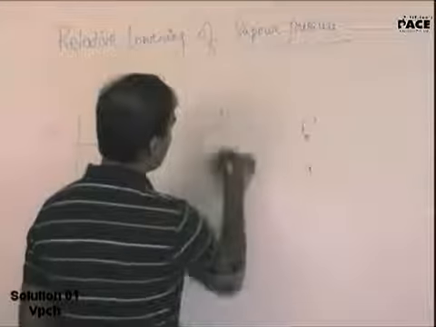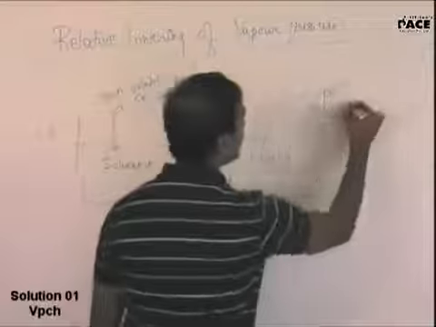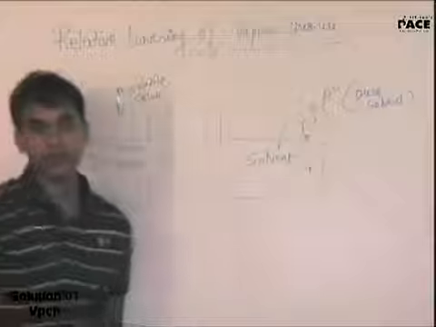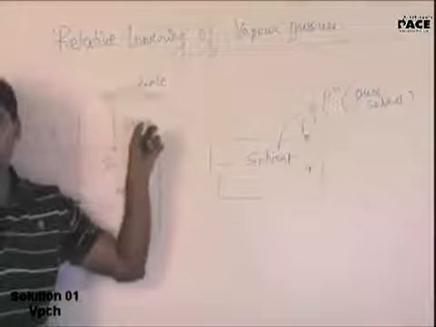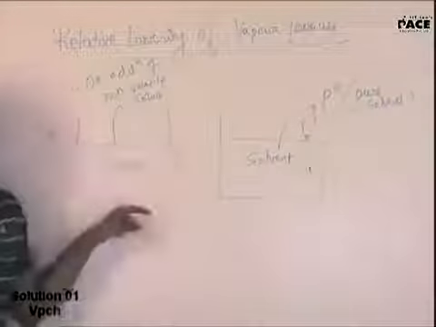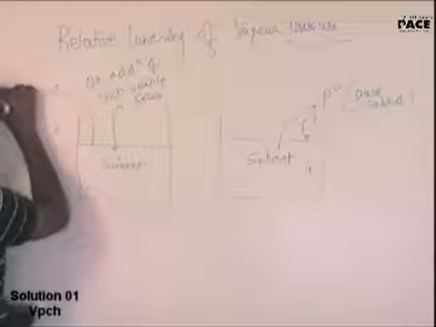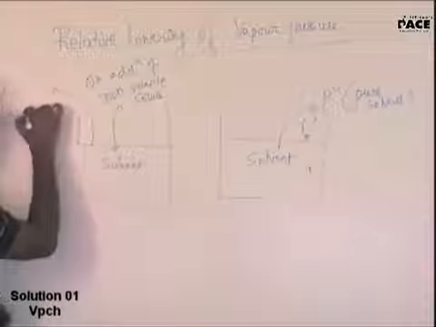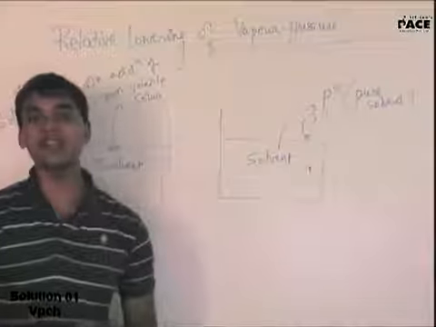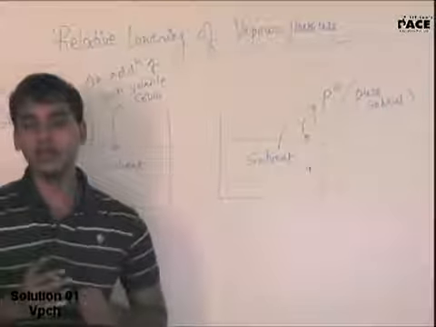Initially, if only solvent was present, the pressure was P naught, and P naught is due to pure solvent. On addition of a non-volatile solute to this same solvent, the new pressure is P, which is P solution. So P naught will be greater than P or less than P? P naught will be greater than P. Why?